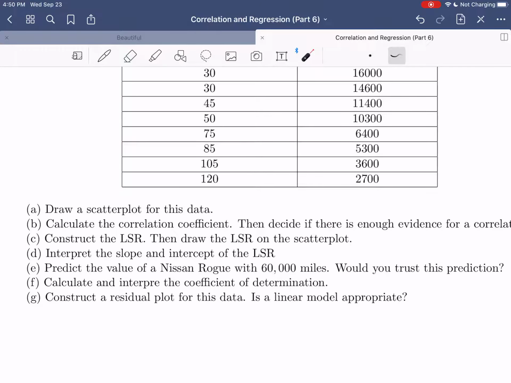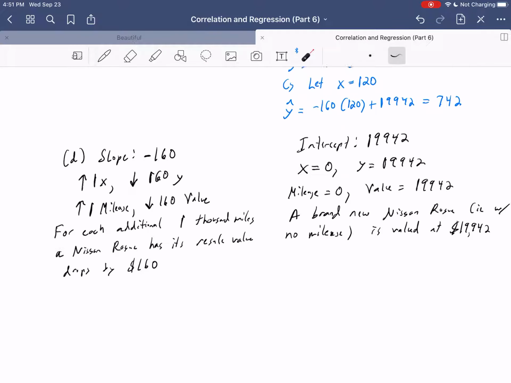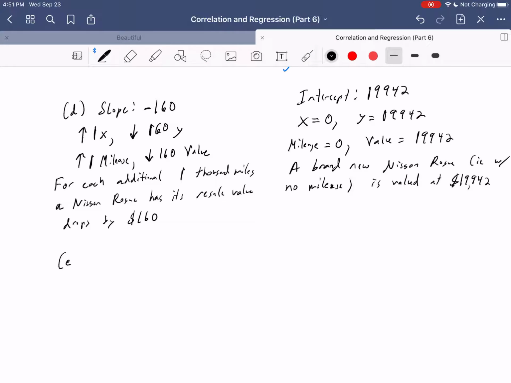So we want to predict the value of a Nissan Rogue with 60,000 miles. So let's see how we can do that here. So we've got this Nissan Rogue with 60,000 miles. Okay, so as we know, whenever we need to predict something, that means we're going to plug into our LSR.